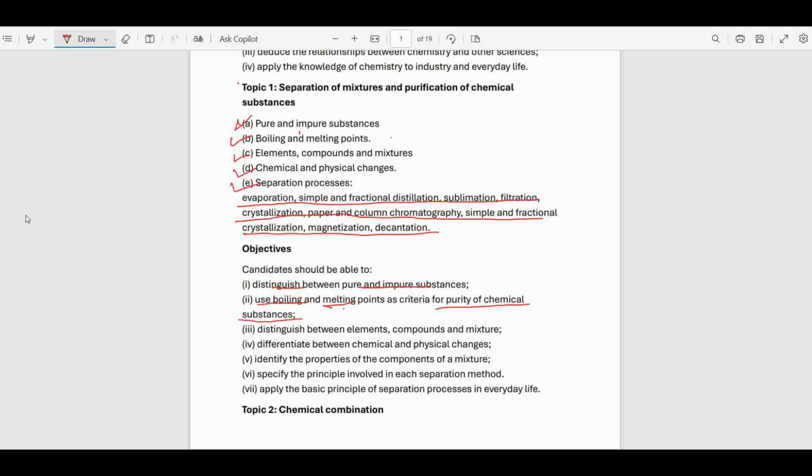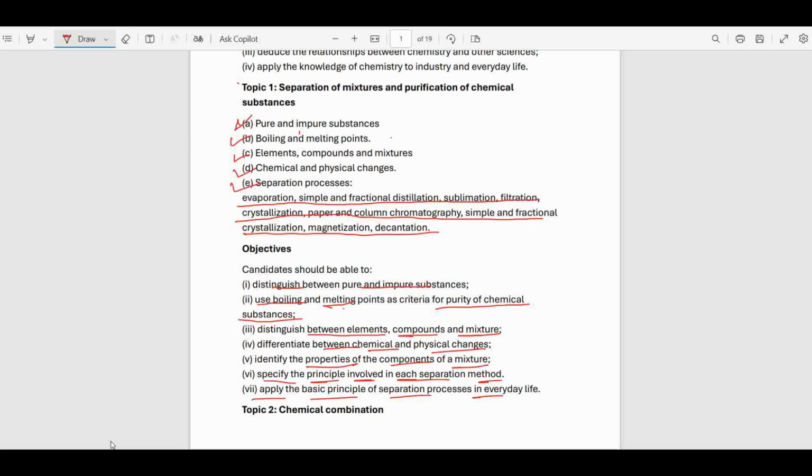You should be able to distinguish between element, compound, and mixture, be able to differentiate between chemical and physical changes, identify the properties of the components of a mixture, specify the principles involved in each separation method, and finally, apply the basic principle of separation processes in everyday life.